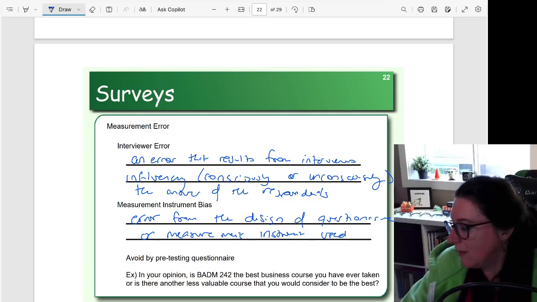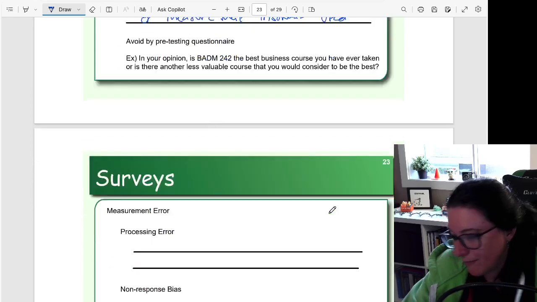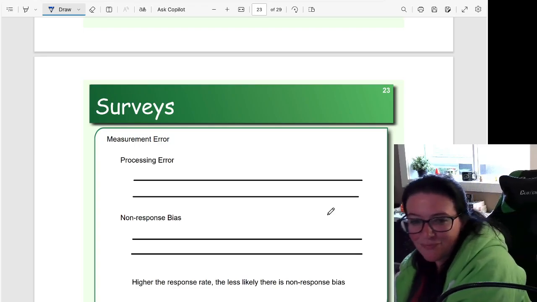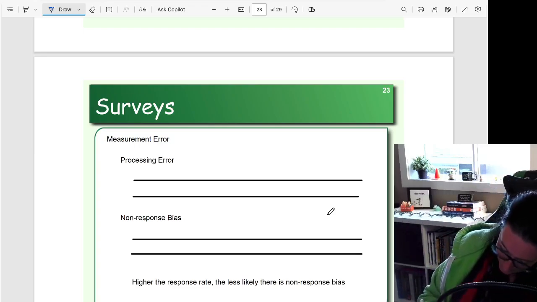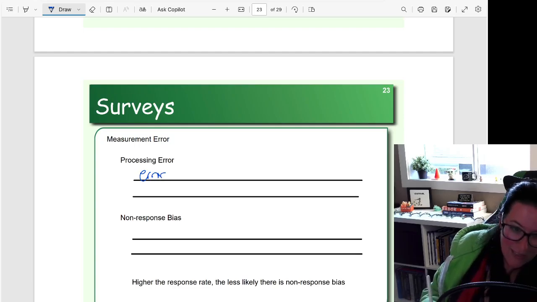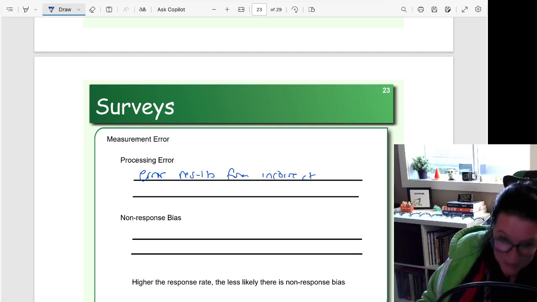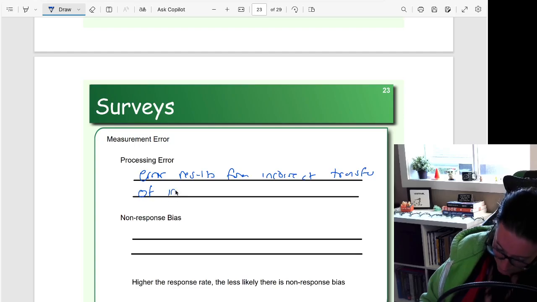All right. Now let's write the definition I was trying to give earlier, which is the transcription error. And this is the error that results from incorrect transfer of info from the survey to our computer, whatever database, Excel spreadsheet.